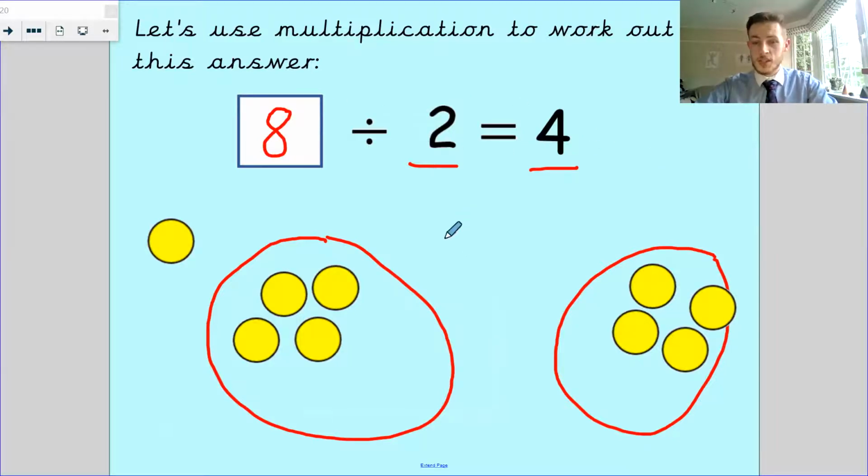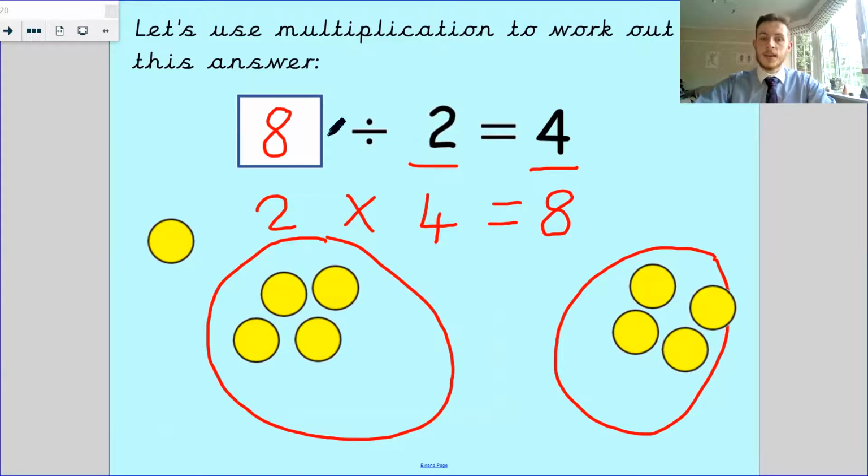This is just like writing it in this way. It's like saying you've got 2 lots of 4 in each group, and your total is 8. Can you see how even though it's a different sign, if you put the numbers in a different order, you can end up with a multiplication sum, just like you've got as your division equation.